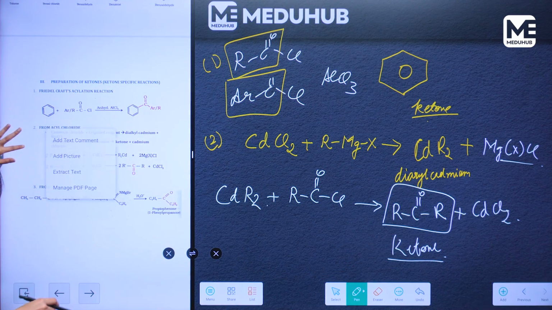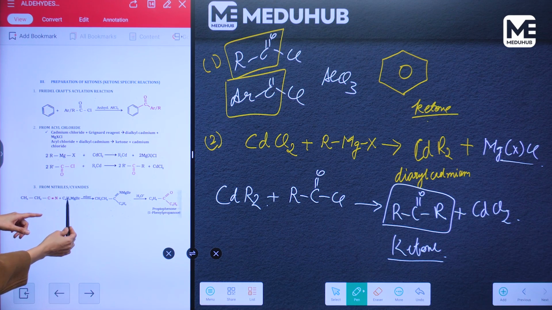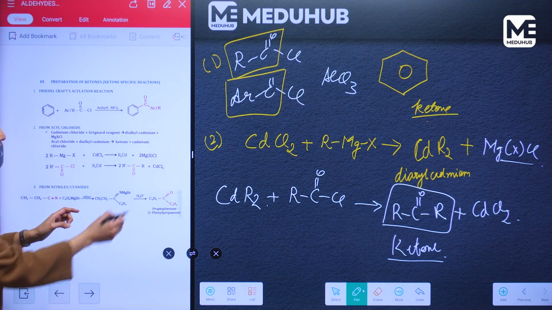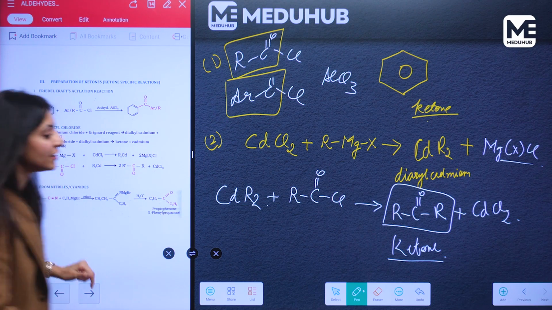The third reaction is from nitriles or cyanides. So here, if we have a cyanide, it will react with a Grignard reagent like this one, C6H5MgBr, to give us an intermediate first, which can be hydrolyzed to give us the ketone.